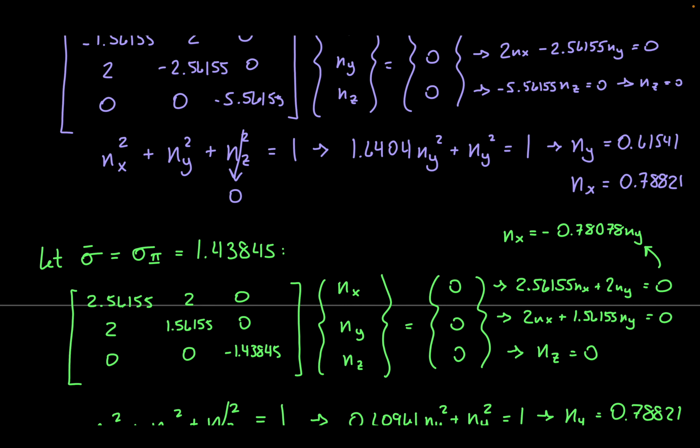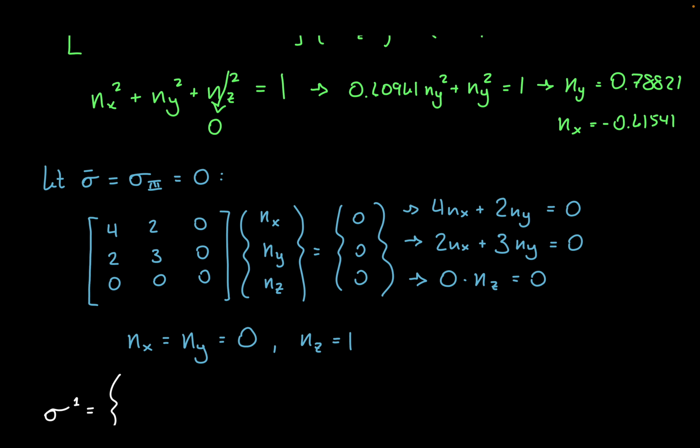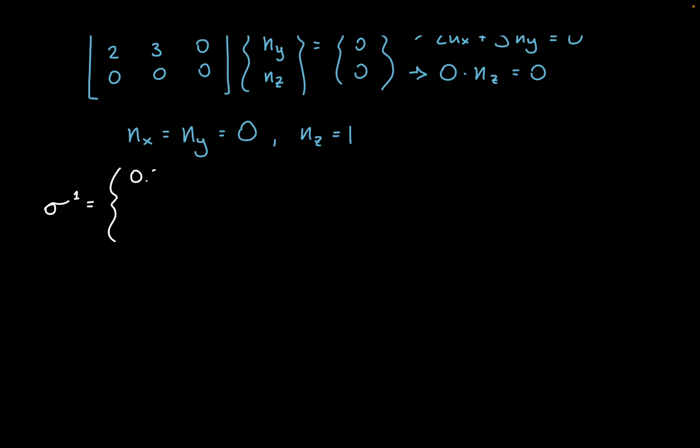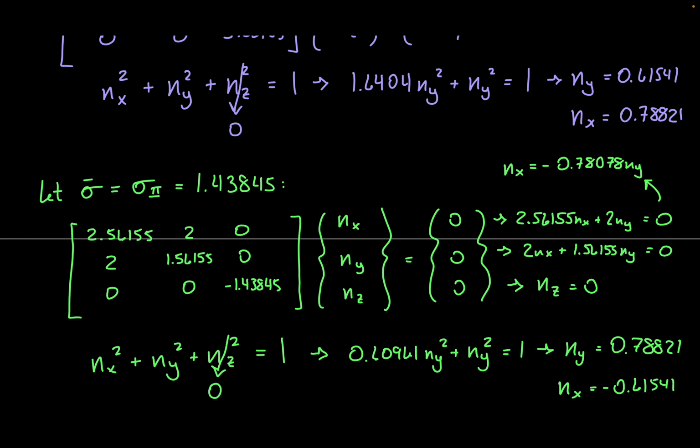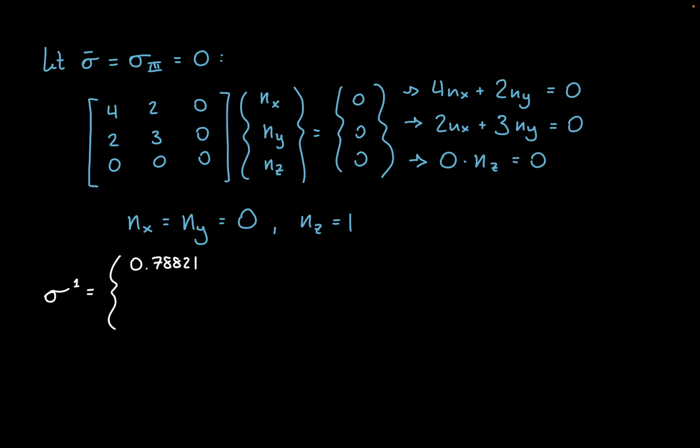Before, we said that was 0.78821. And then we said that the y component was 0.61541. So we have 0.61541, and the z component was 0.